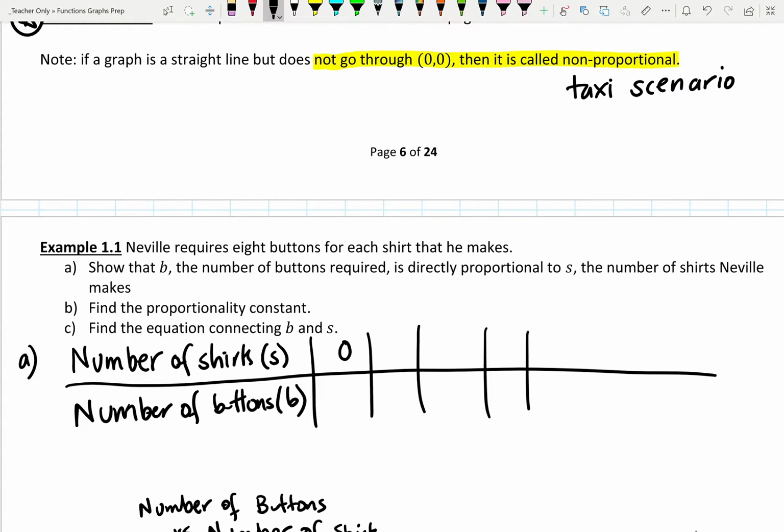And let's say that Neville makes 0, 1, 2, 3, 4 shirts. If he makes 0 shirts, it makes sense that he needs 0 buttons. He makes 1 shirt, he needs 8. 2 shirts, 16, 3 shirts, 24, 4 shirts, he'll need 32 buttons.